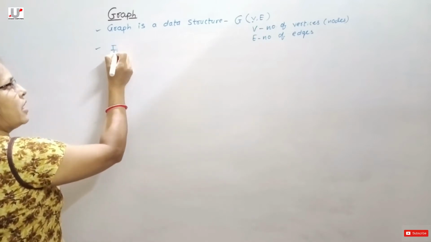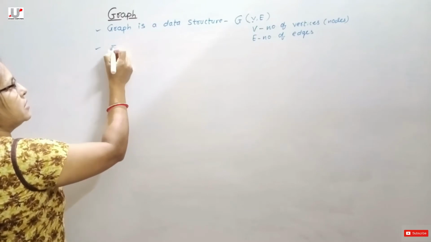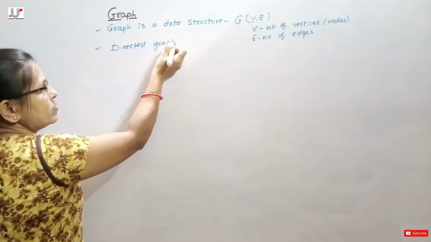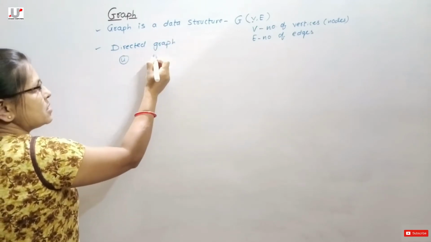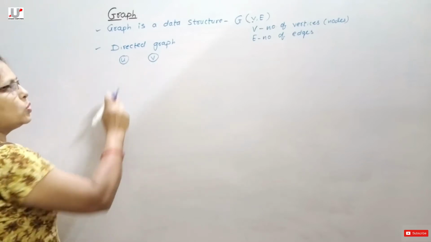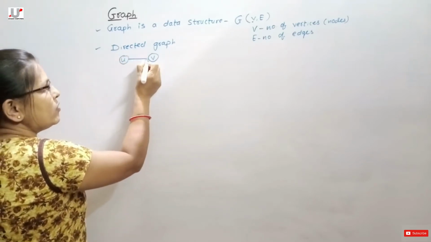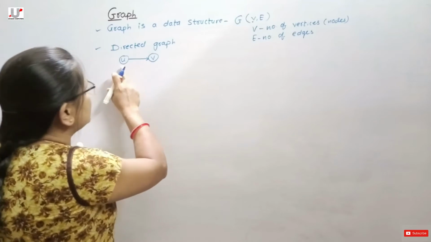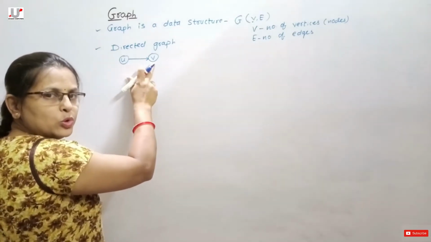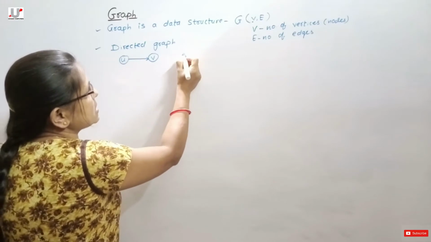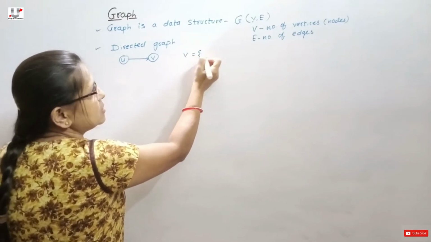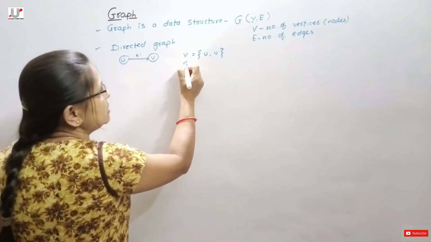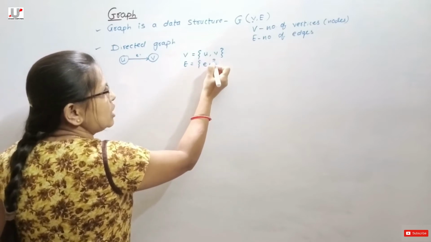In case of a directed graph, in this example there are two nodes U and V having a directed edge from U to V. That means we traverse from U to V. Here the set of vertices is U, V, and the set of edges we represent as E1.